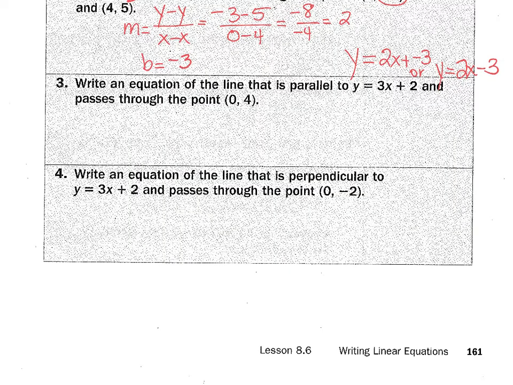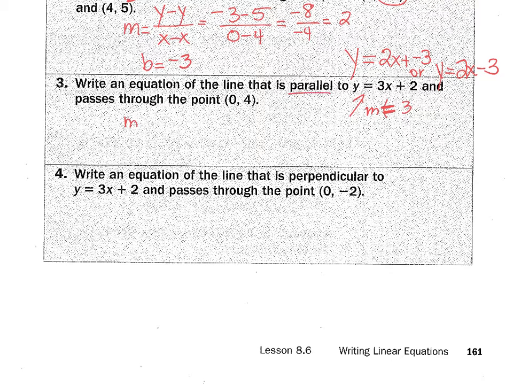What's the slope of this line right here? Ava? What's the slope in number 3 of the line that they give you? What is the slope, Christian? What's the slope of the line parallel to that?